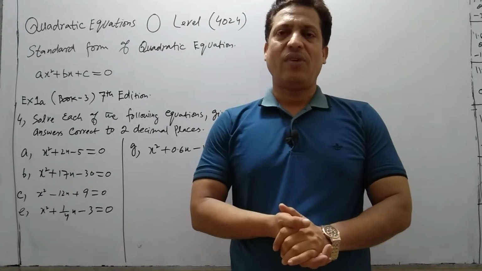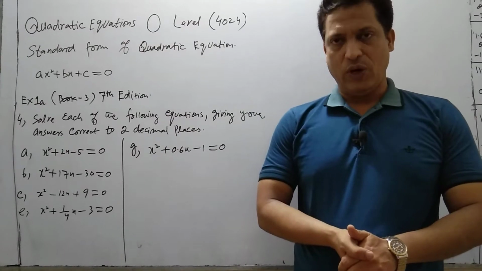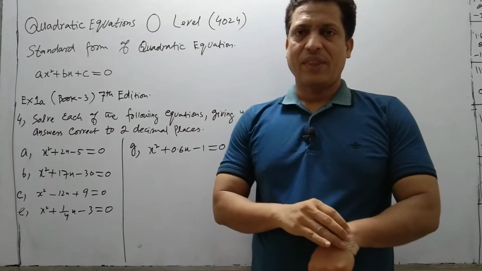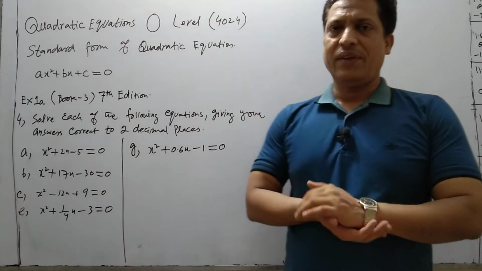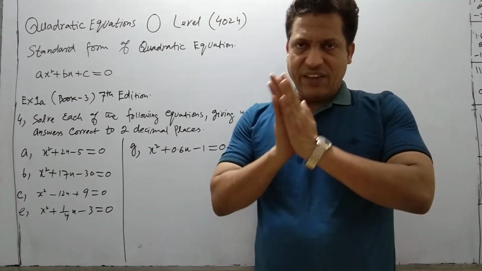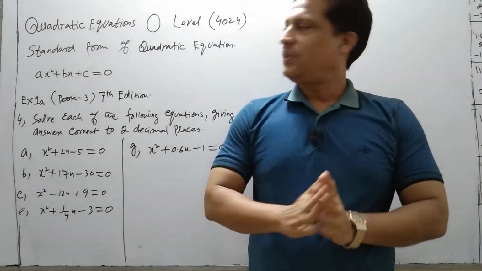What is a perfect square? (a plus b) whole square form or (a minus b) whole square form. In question number 3, we converted the given expression into completing square form.